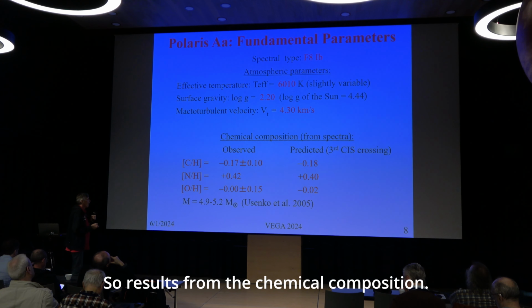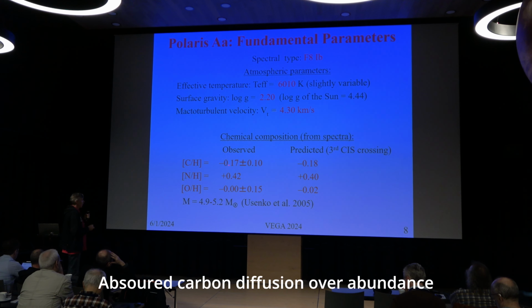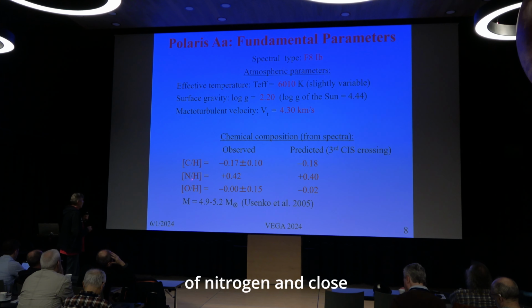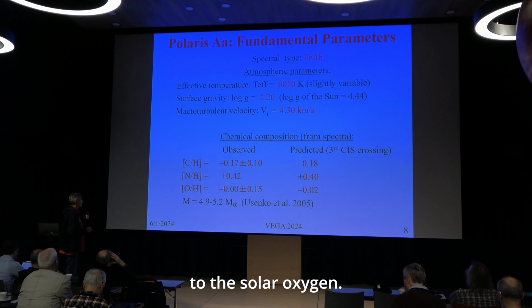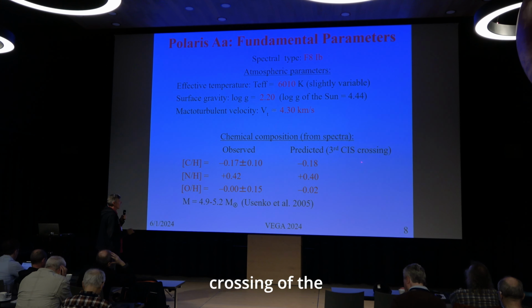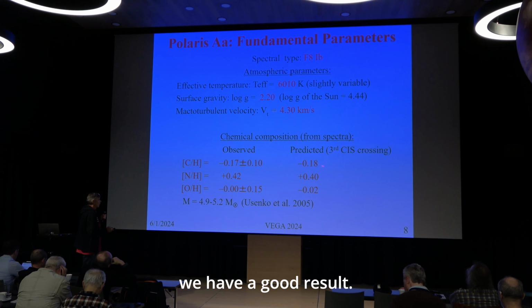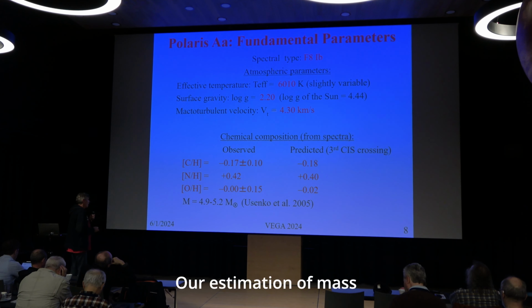So, our results for the chemical composition: observed carbon deficiency, overabundance of nitrogen, and close to solar oxygen. According to the models for the third crossing of the Cepheid instability strip, we have good agreement with the results. Our estimation of mass is near 5 solar masses.